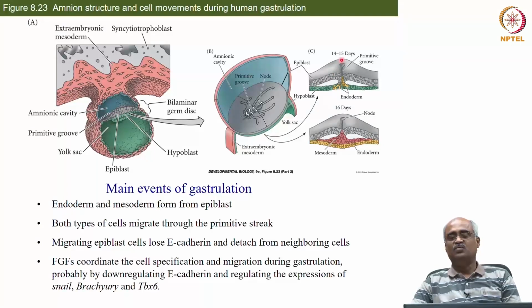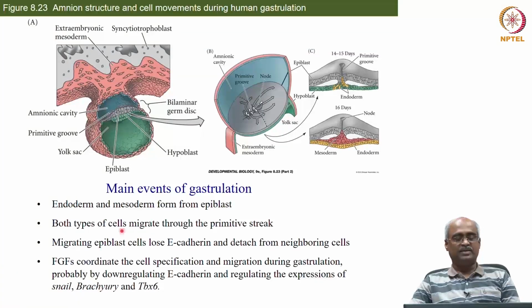So this is a 14th to 15th day, and this is the 16th day, okay, at the end of 16th day. So here what you see is from the epiblast cells you get these endoderm cells, these yellow colored ones coming down, which is going to be later followed by mesodermal cells.